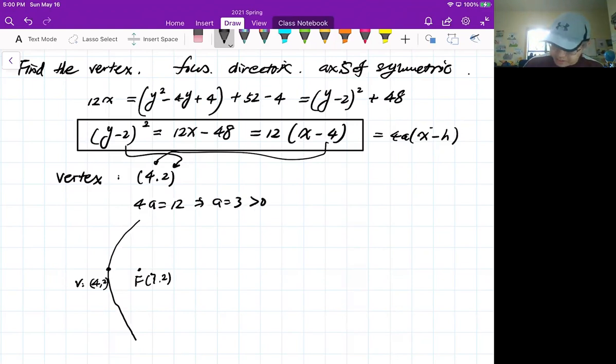If a is bigger than 0, the parabola opens to the right. Does it make sense? So you get the focus here, and then where is the directrix? The directrix is on the opposite side, so x is equal to 4 minus 3, which is 1. So that's all of the information here.